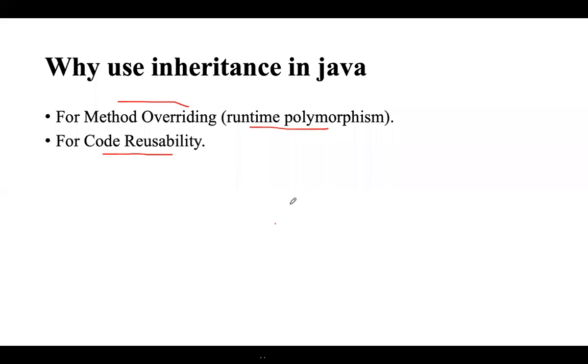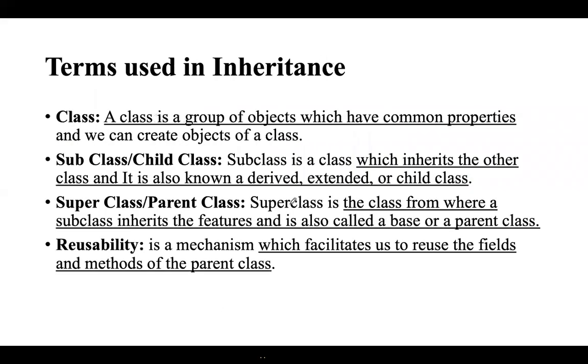So now there are some terms that we have to understand before going further. Class: you already know the term class, and you know the definition. You are already writing and designing classes and running your programs.